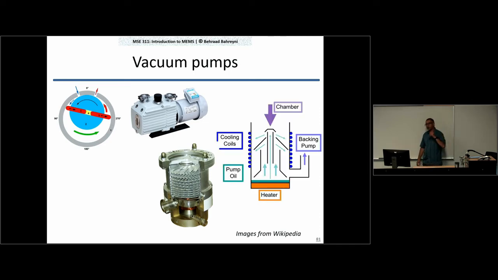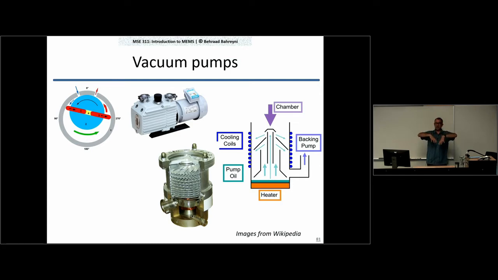An older type of high vacuum pump was a diffusion pump. In this case, what we had was an oil that would grab onto the gas molecules in the environment. So you would get down to about 10 millitorr levels or so. Then this oil would spray down inside the pump, not inside the chamber, but inside the pump.